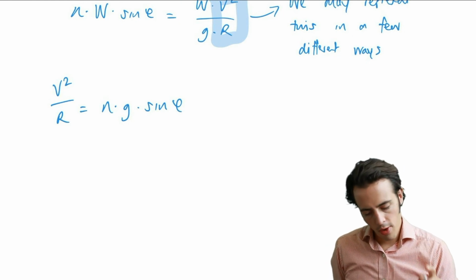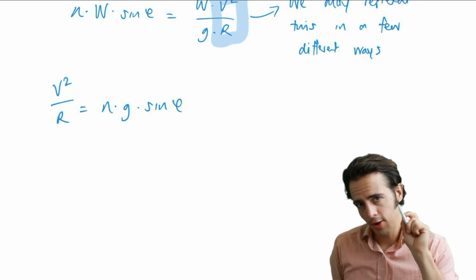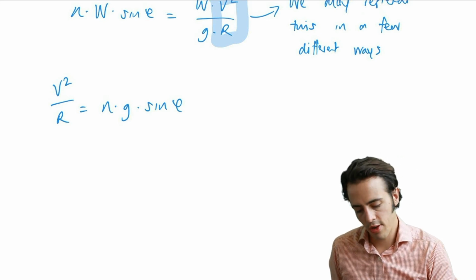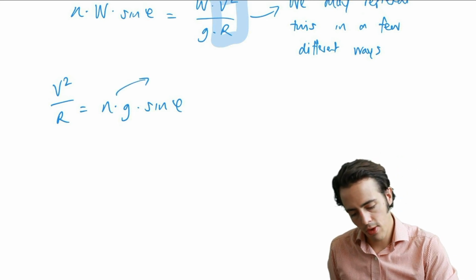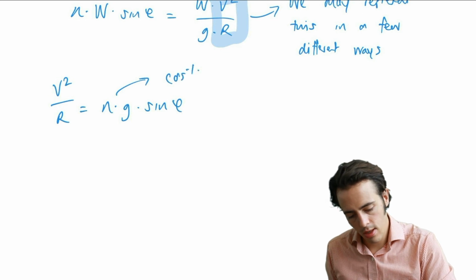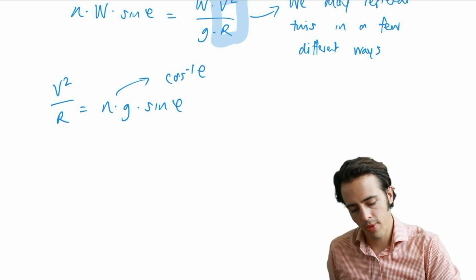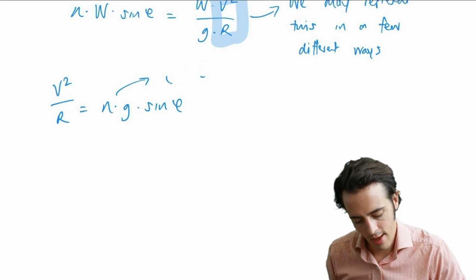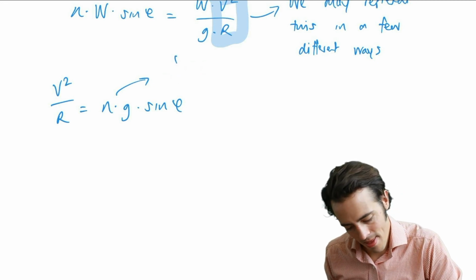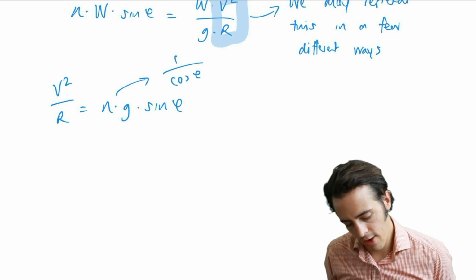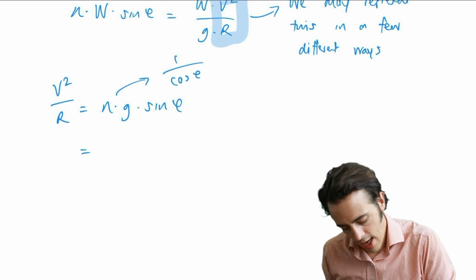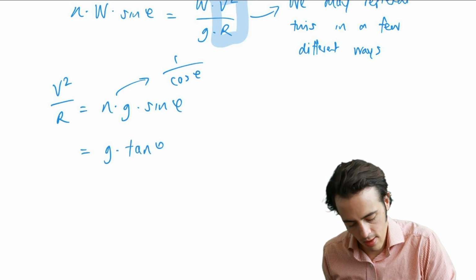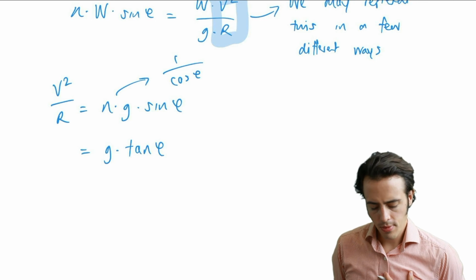We can also look at the angles, and we can look at the definition of, remember that n is equal to 1 over cosine phi. So that's also therefore equal to g multiplied by the tangent of the bank angle.